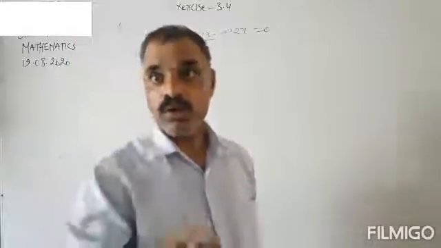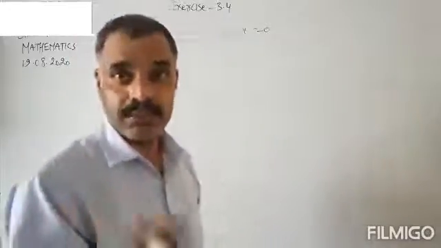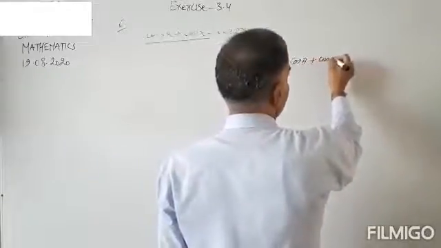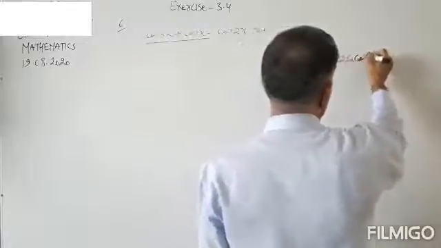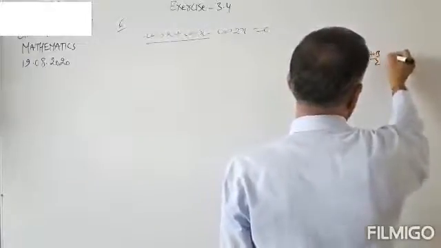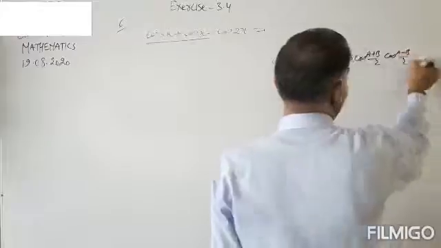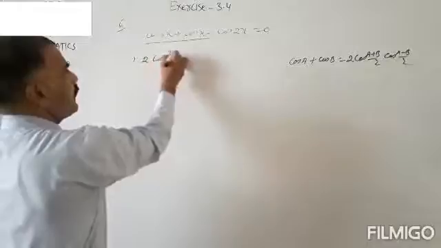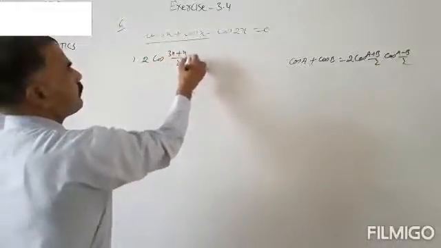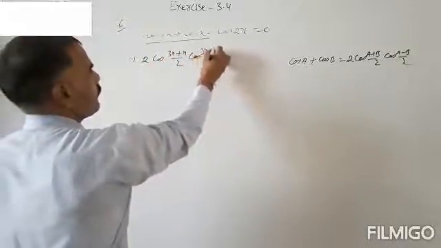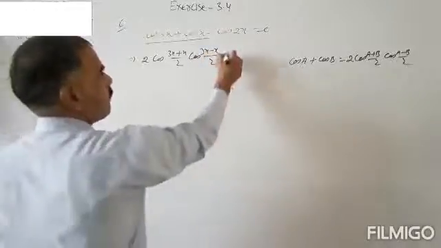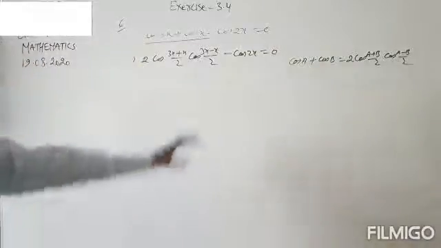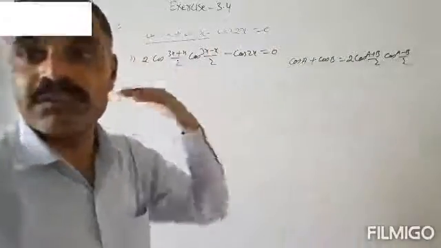That is, cos A plus cos B equals 2 cos of (A plus B) by 2 times cos of (A minus B) by 2. So this equals 2 cos of (3x plus x) by 2 times cos of (3x minus x) by 2, minus cos 2x equals 0, using the identity.